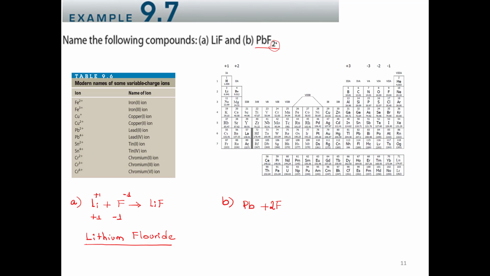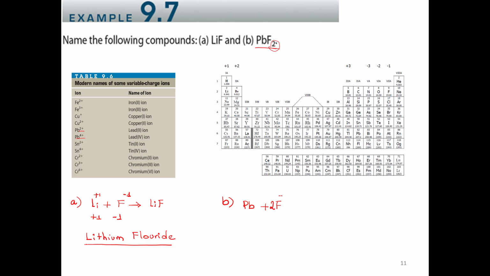The next thing is to check the charge. Remember, lead is a transition metal, so we don't know exactly if the charge of the lead is +2 or +4. What we have to do is first check the charge in the case of fluorine. Fluorine, we know, is -1.